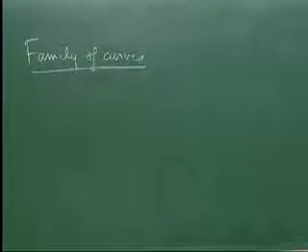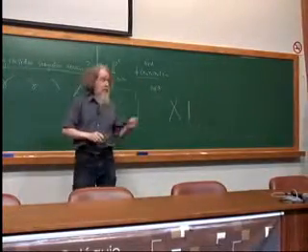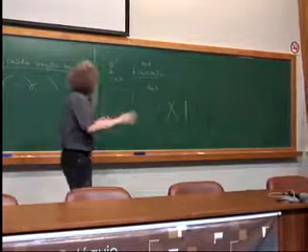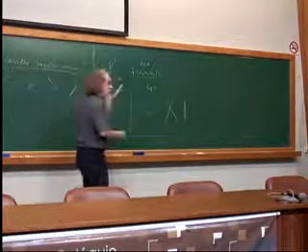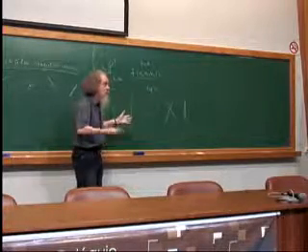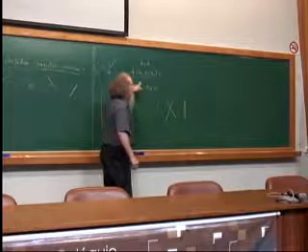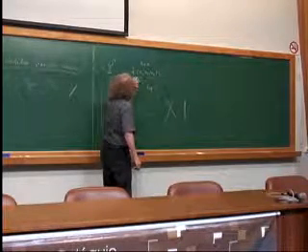Well, I'll give you one illustration. If you look at plane curves of degree d, for example, each one is given by a polynomial of degree d in those three variables, which has a certain number of coefficients. And as you vary the coefficients, you can think of the curve varying, and that makes a family. So that gives a good sense of meaning to the word family in the case of plane curves.